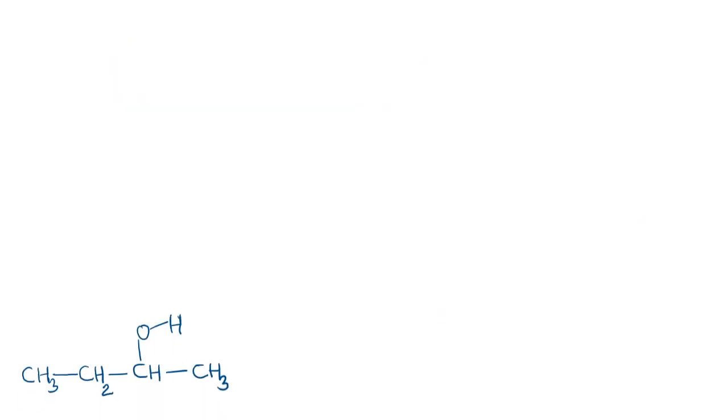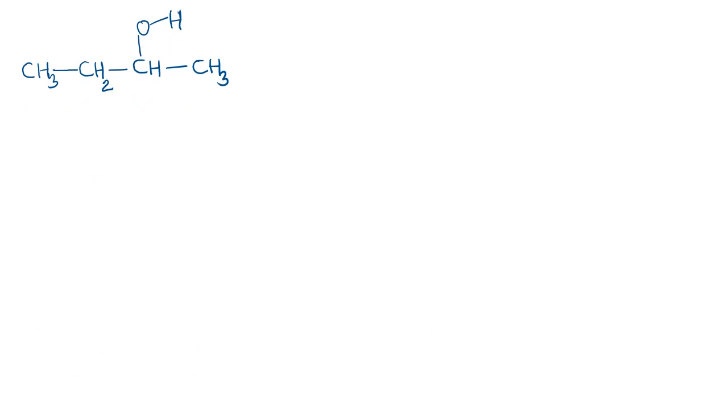So we have to see another example here. This is the alcohol which is secondary, and the name for this alcohol is butan-2-ol, right? And what we will do is use the disconnection approach, which is also kind of converting this alcoholic functional group into carbonyl group. So when you make one, you break one.